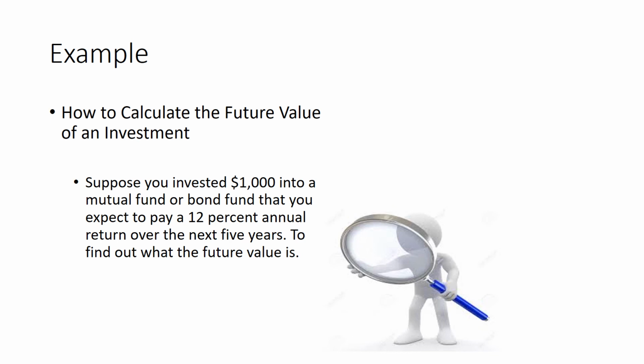And then we're going to try and calculate our future value. So the PMT we can just put 0. Then we press solve for our future value, and you should get 1,762. So that's how much it's going to be worth.